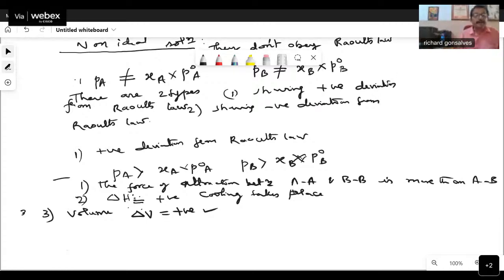And the fourth point is the components cannot be separated.